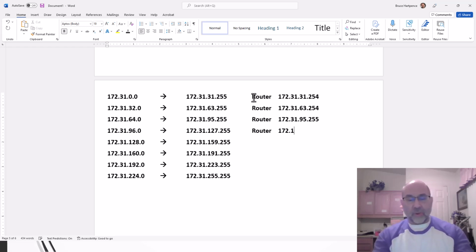Now we also have to remember that these are good size host spaces and that each one of these routers would be handling connections for 8,192 possible, or 8,190 usable addresses within the subnet space. So that's a lot of host addresses.